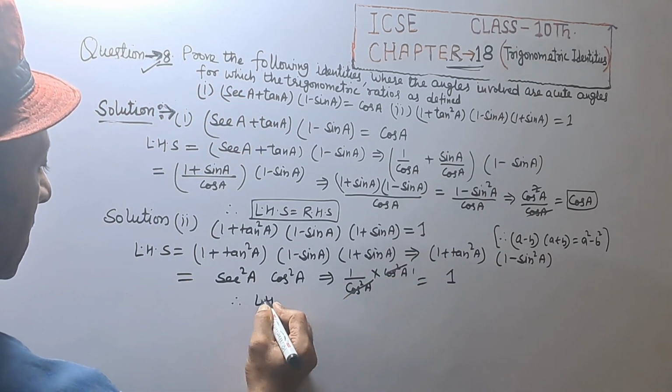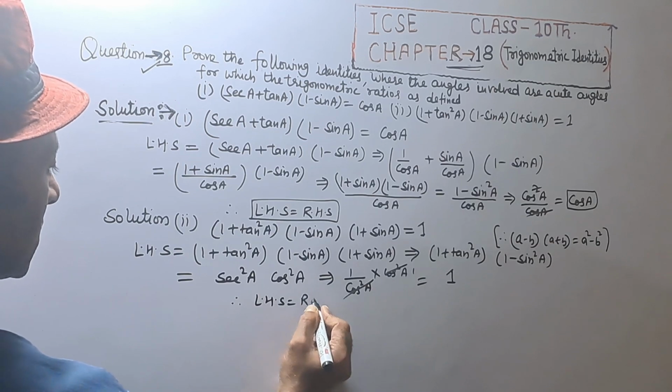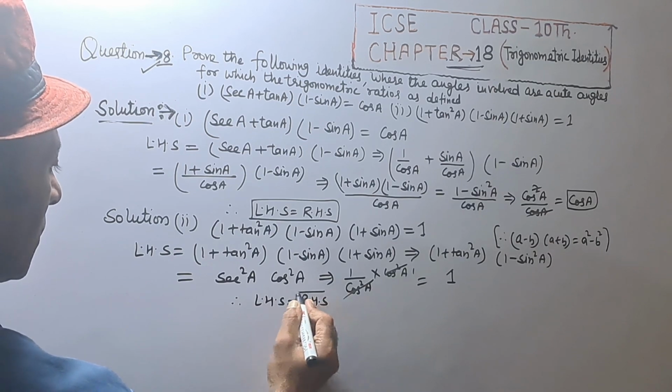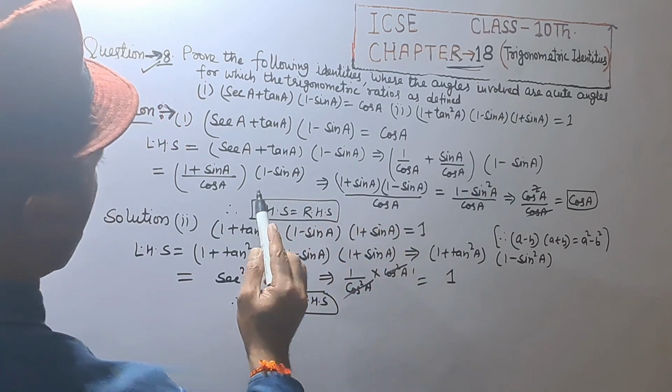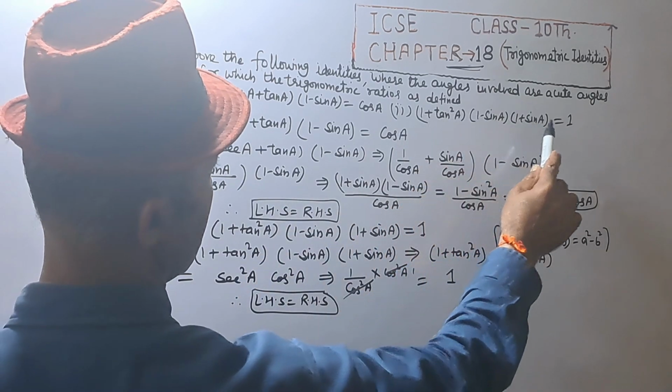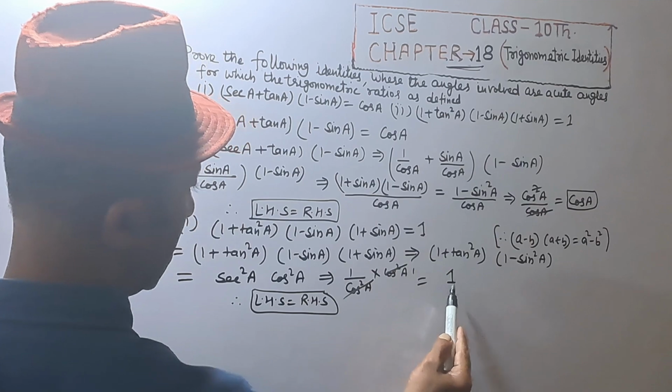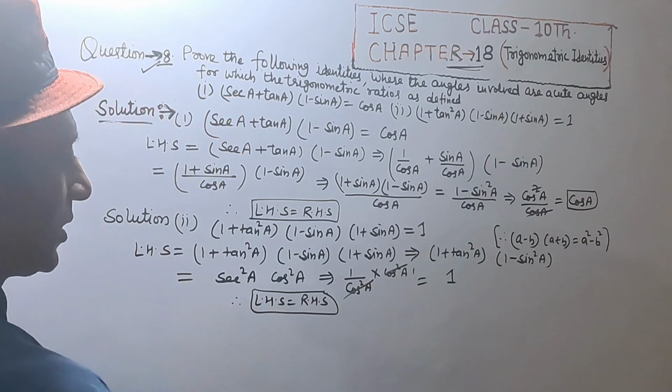So left hand side is equal to right hand side. Right hand side is 1, hence proved.